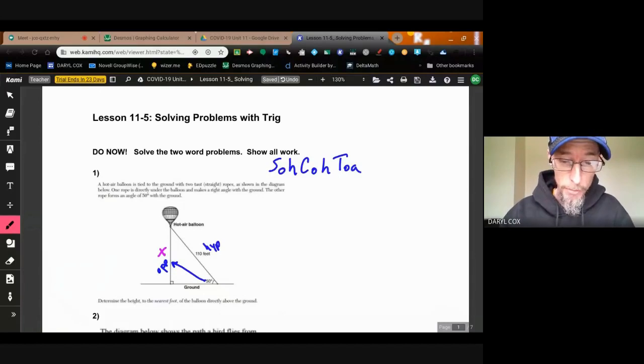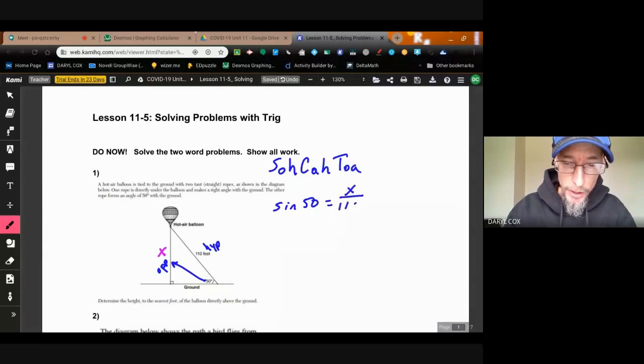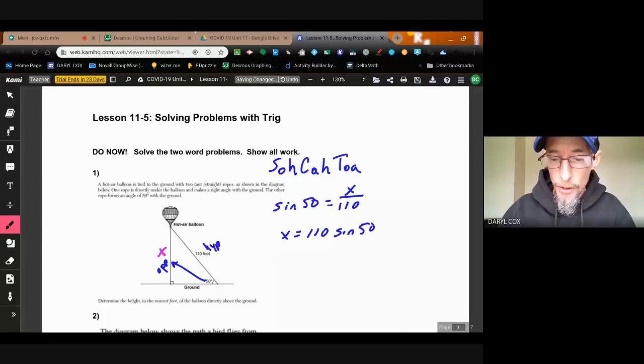Opposite and hypotenuse tells me, whoops, I forgot that should be an H, not an O. Opposite and hypotenuse is sine. So the sine of 50 degrees is my opposite, which is X, over my hypotenuse, which is 110 feet. So we can cross multiply. So X equals 110 sine of 50. And now you're ready to go at that point.